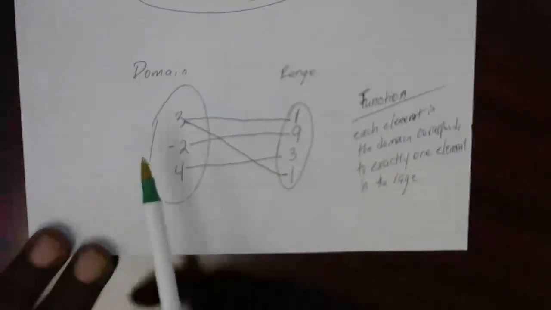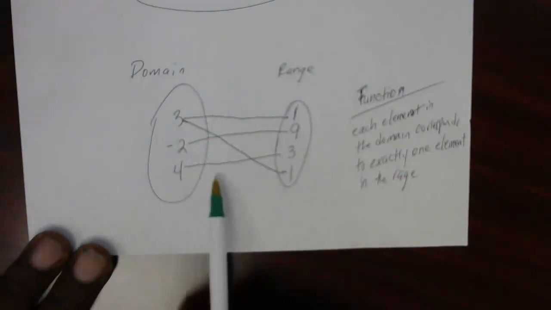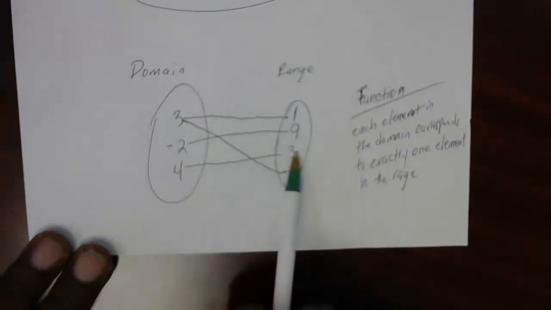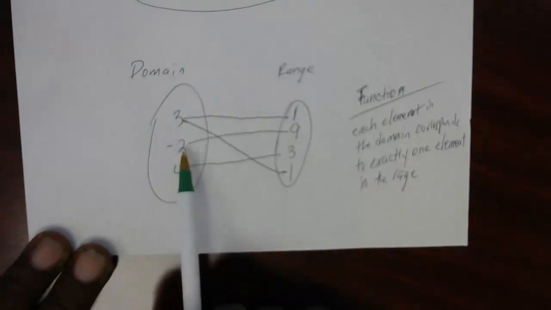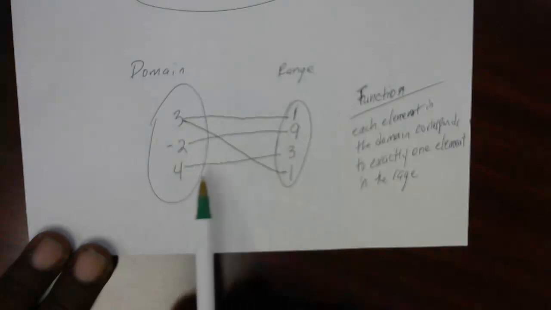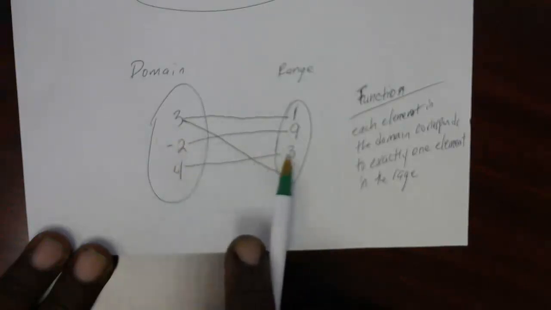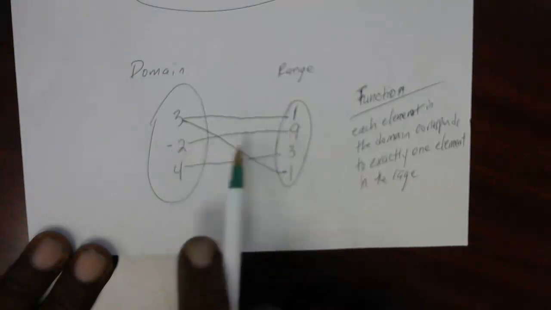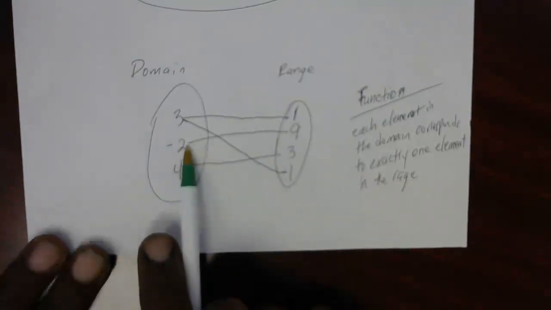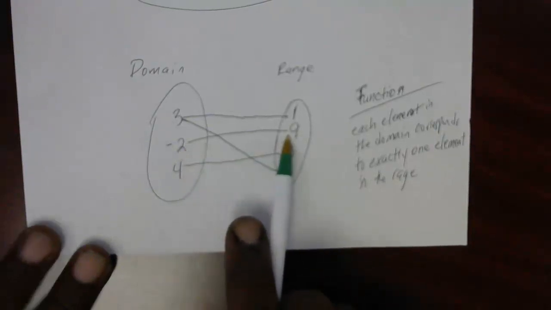All right. So automatically it seems that 4 maps to exactly one thing. Doesn't really matter what it maps to, just as long as there's only one line coming from each domain, right? So 4 maps to 3, which is exactly one thing. -2 maps to 9, so -2 corresponds to exactly one element in the range.